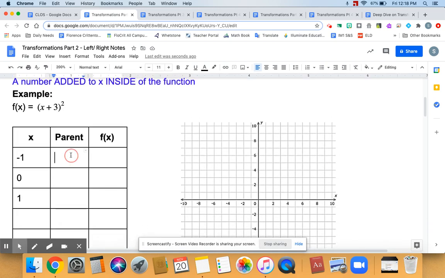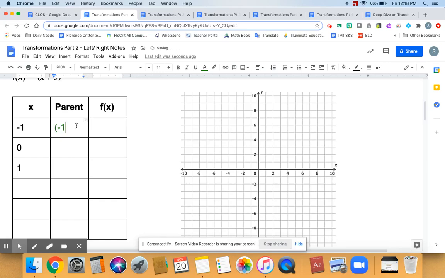So what's the parent function for this guy? This is an x squared graph because of the exponent of 2. So it's a quadratic. So for the parent function, if I plug in -1 and square it, so times it to itself, -1 times -1 becomes +1. 0 squared becomes 0. 1 squared is 1.